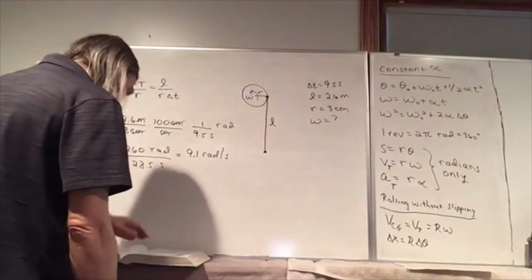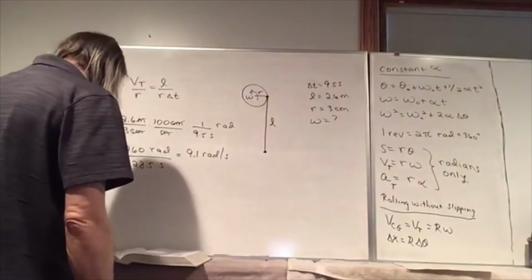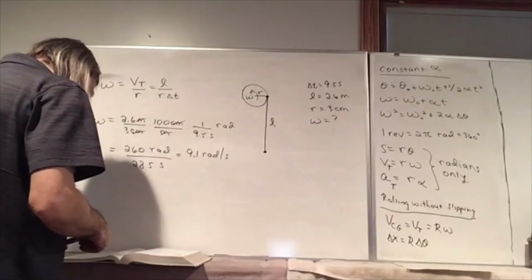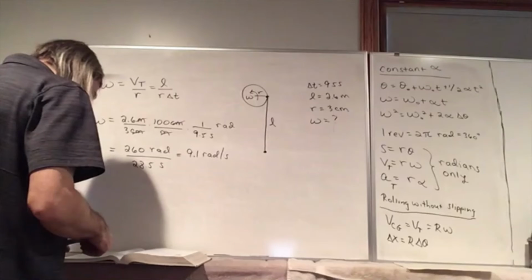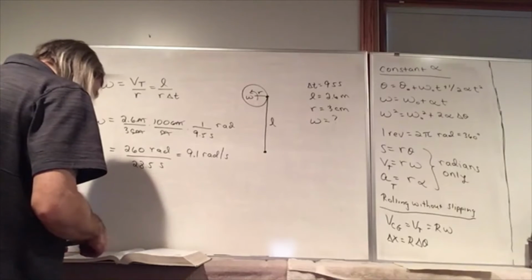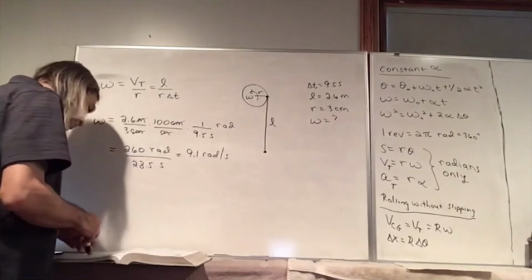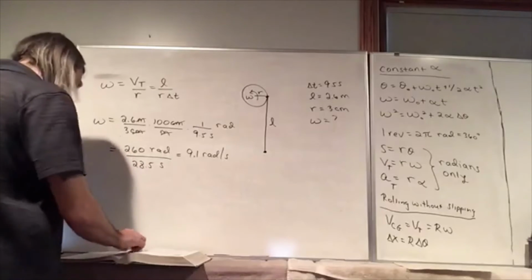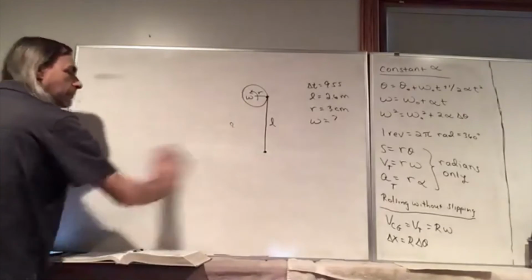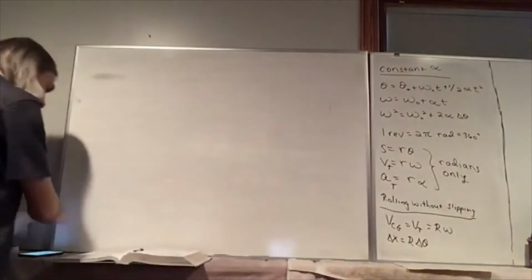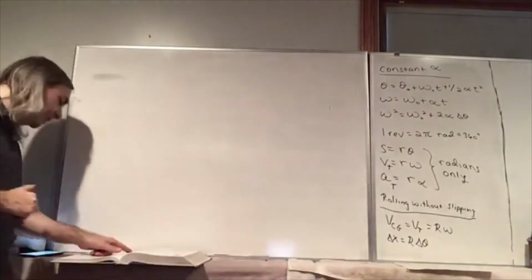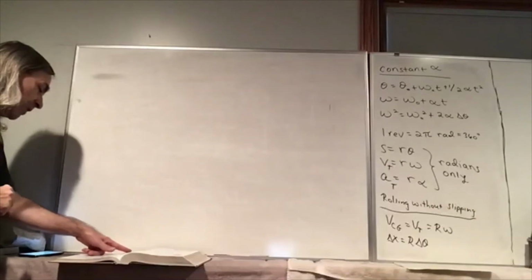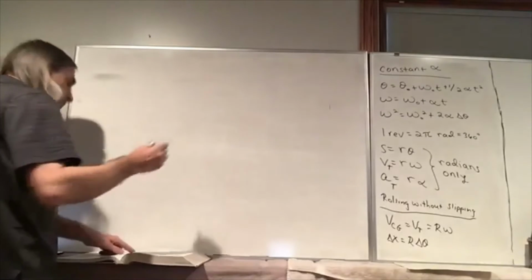Let's see if we can find another one. Rolling motion, that might be good. So say you're riding a stationary exercise bicycle, and the electronic meter indicates that the wheel is rotating 9.1 radians per second.